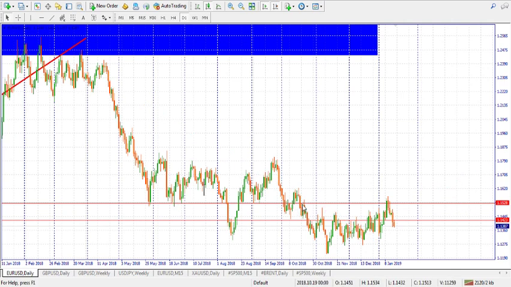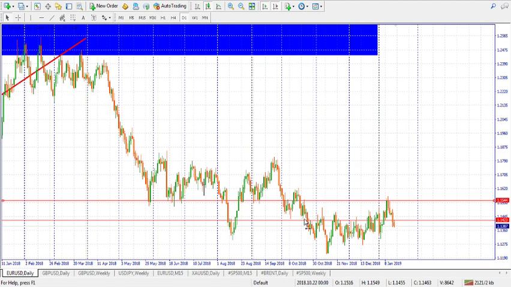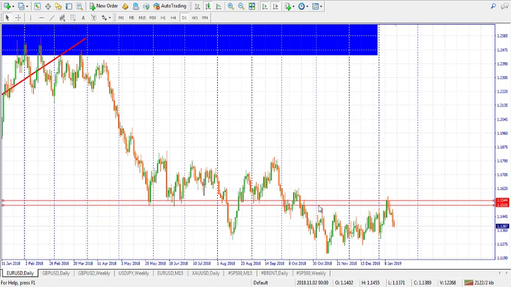Like we have this, there's a support, a support, a support, a break below, up, a support, a support, a support, there's a break below, up, resistance, resistance. So this is a key level. It just shows you that we tend to turn around from that point.